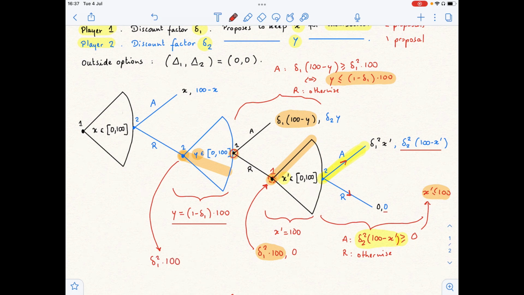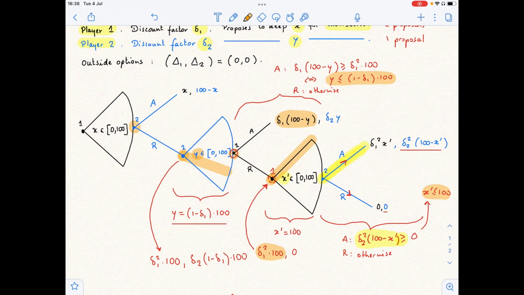And player 2 gets delta 2 times 1 minus delta 1 times 100. So here we see that player 2 can get a positive amount, which is slightly greater than 0. All right, and then let's move up the game tree. We have 2 more moves to consider.